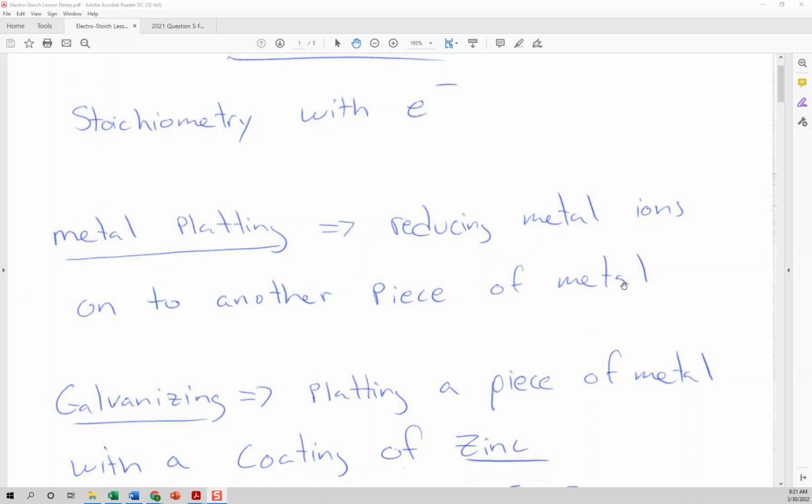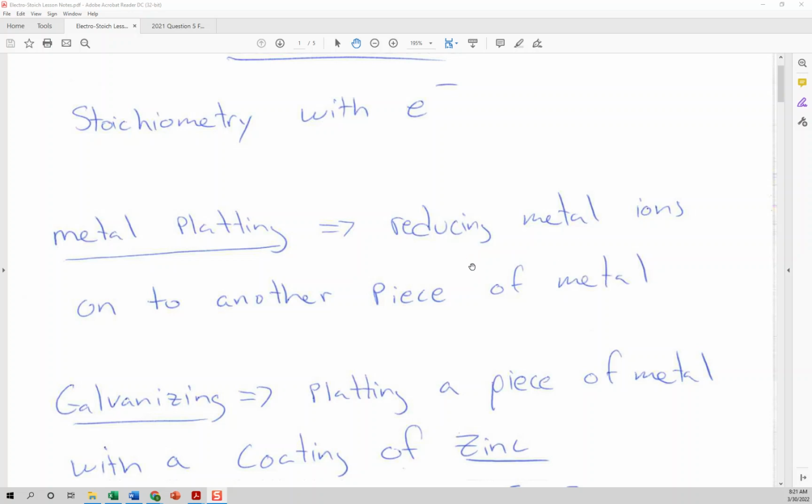We dip it into a solution that contains the ions of the metal we want to plate it, and then we have to run electricity, which is electrons, through the piece of metal, and then the metal ions that we want to plate will be reduced right at the surface of the metal and plate onto it and coat it with the metal.